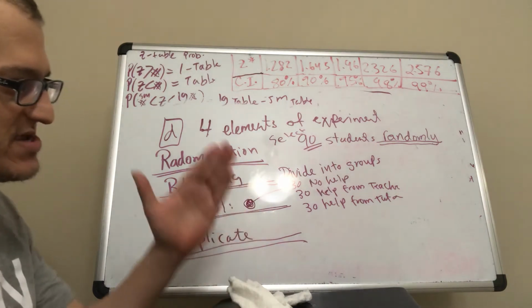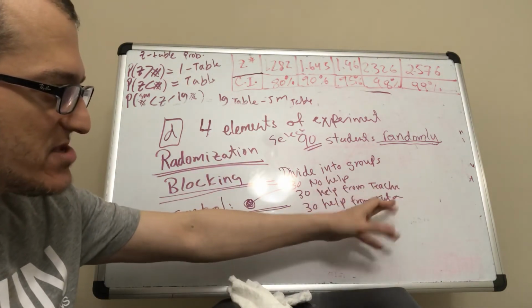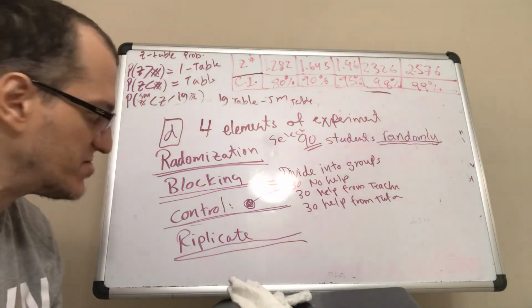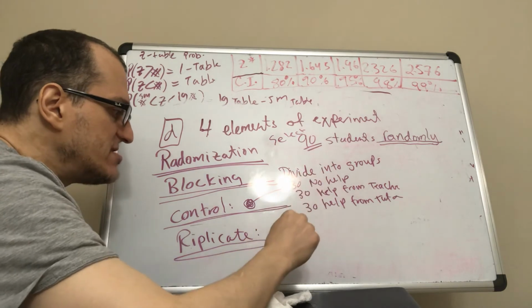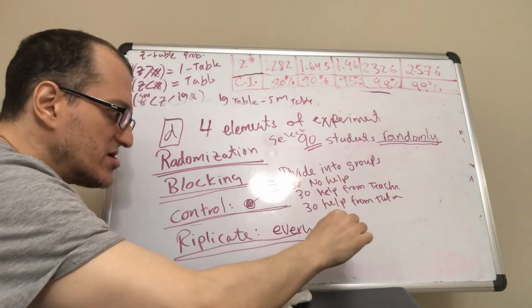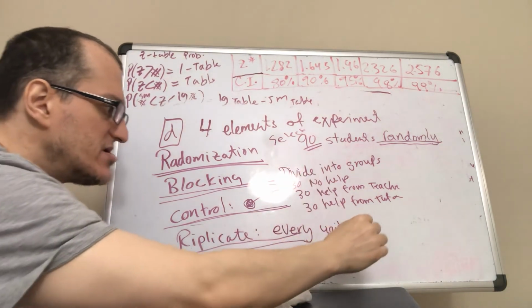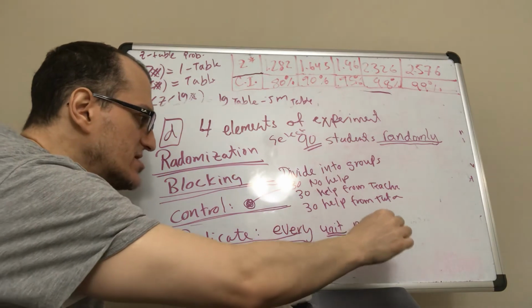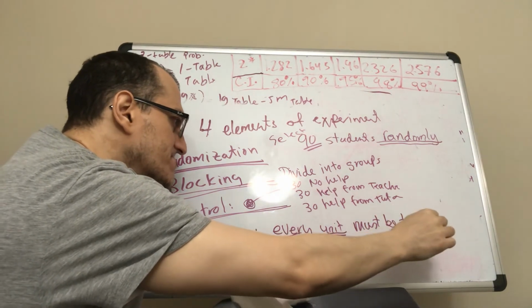So we can compare the nothing to the extra, to the people who are getting help from the teacher and the people getting help from the tutor. Replicate means that every person in this group, every unit, it could be a person or whatever the sample is, every unit must be treated the same.